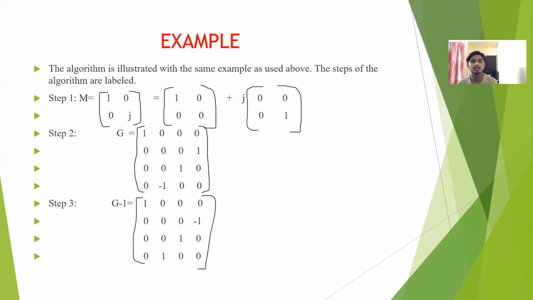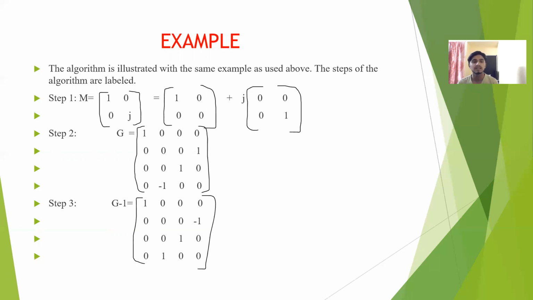Example. Let's see the example of complex matrix inversion. The algorithm is illustrated with the same example as used above. The steps of the algorithm are labeled. Step 1: M is equal to [1, 0; 0, j], which is equal to [1, 0; 0, 0] plus j times [0, 0; 0, 1]. Step 2: G is equal to [1, 0, 0, 1; 0, 0, 0, 0...].